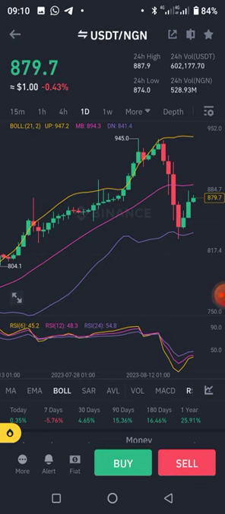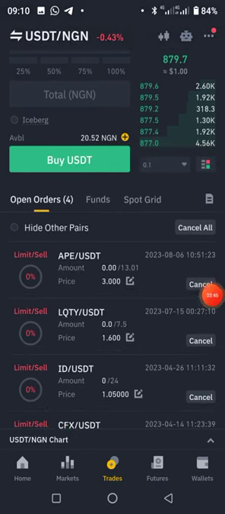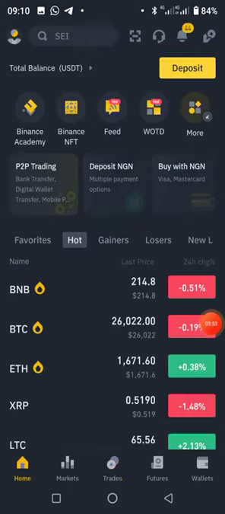So let's go back. Now this is how we go about it. For you to be ready to deposit Naira, you come to home, then you click on home. When you come to home, you see Buy with Naira. You see deposit Naira. You see P2P.